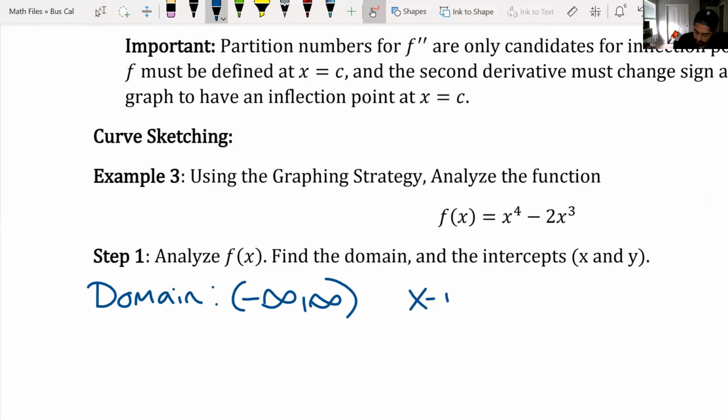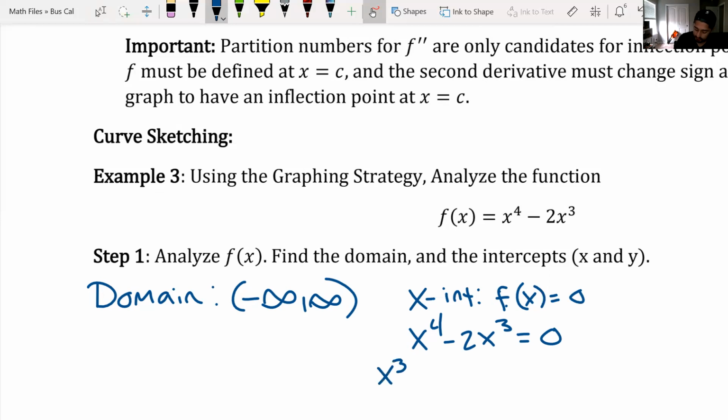For x-intercepts, we let f of x equal 0. That looks like f prime, so let me fix that. We let f of x equal 0. So we take the function x to the 4th minus 2x cubed, set it equal to 0. Factor x to the 4th minus 2x cubed. I can take out an x cubed, and that would leave me with x minus 2 equal to 0.